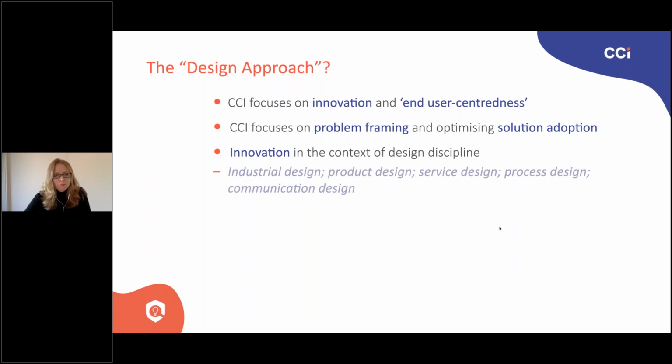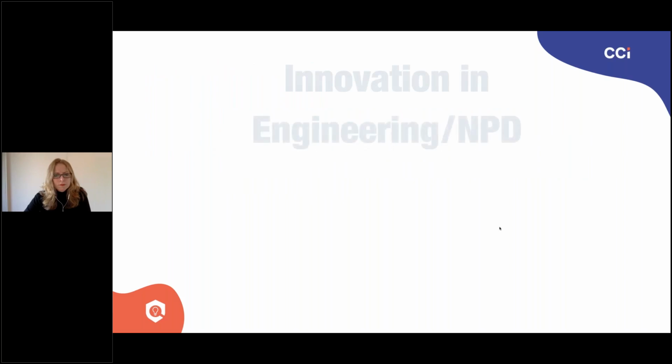And when we talk about innovation, we talk about innovation in the context of the design discipline, the concept of product, service, process design. And innovation is looked at somewhat differently in traditional engineering new product development, in that the traditional approach was to start with a product, to analyze the product, and to then from that develop a new version of the product that might be cheaper, might be made slightly different, might have an additional feature or so.